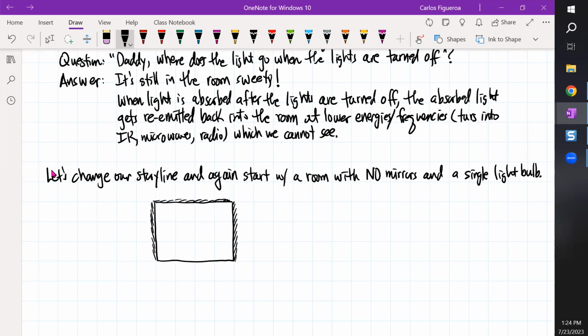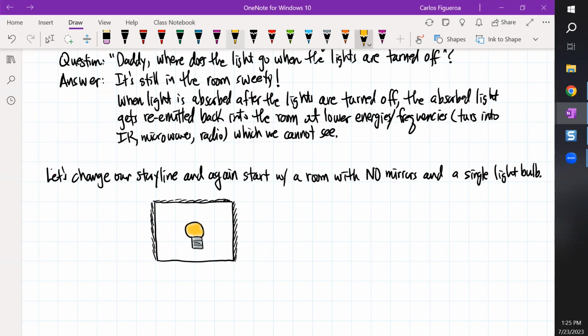And I'm going to have a light bulb right here. So when I look at this light bulb, it is emitting light.